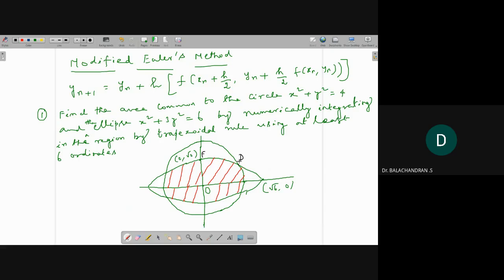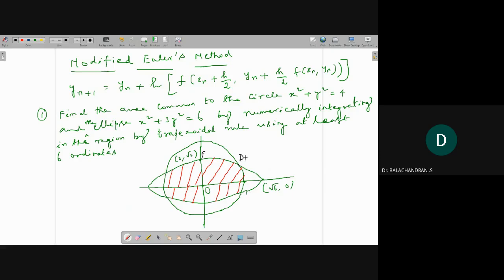So can you solve this pair of equations and tell what x and y are? x square plus y square equals 4, and x square plus 3y square equals 6. You will get 4 values, because there are 4 intersection points.